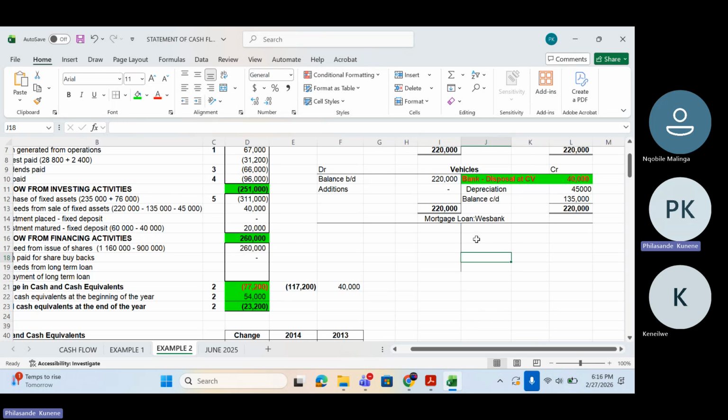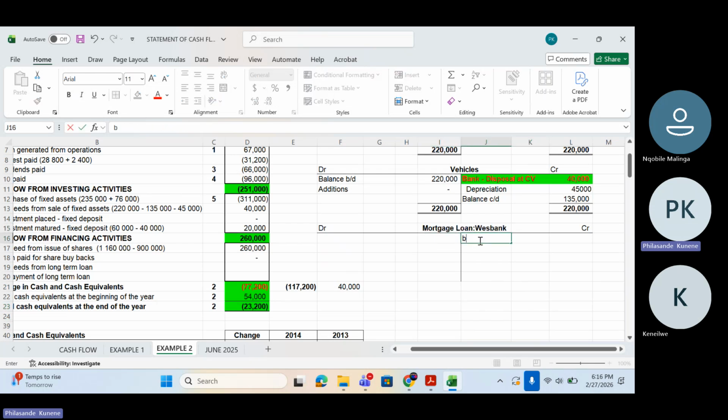Now, the opening balance: because this is a liability account, it increases on the credit side and it decreases on the debit side. Which means I'm going to have my balance here.